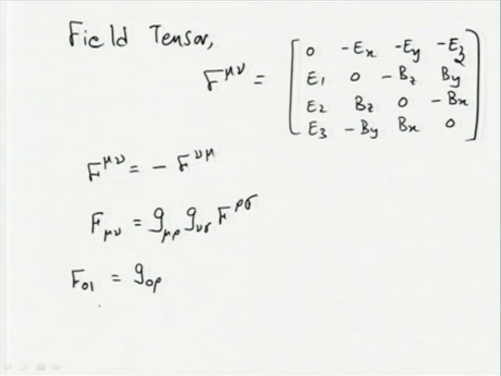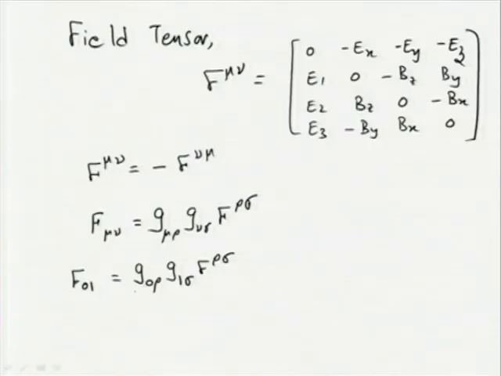Rho and sigma are summed over, but we know that G is a symmetric diagonal metric. So, if one index is 0, the other index is also 0 for it to be non-zero.